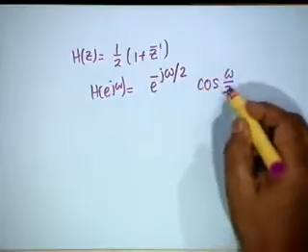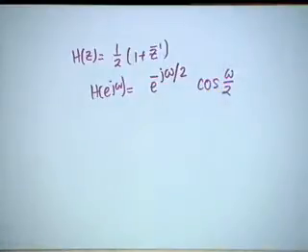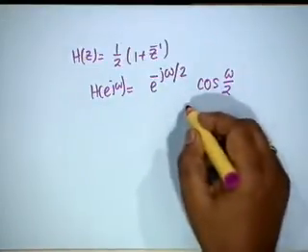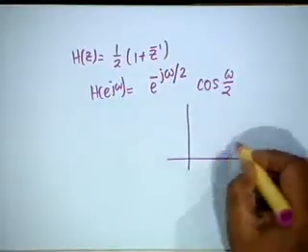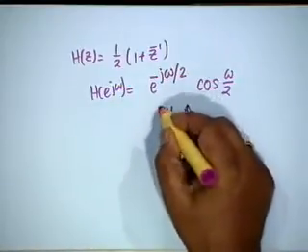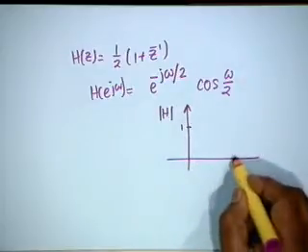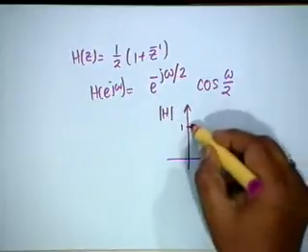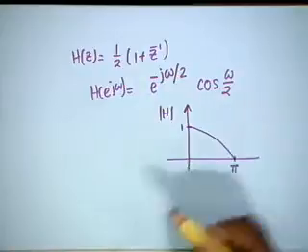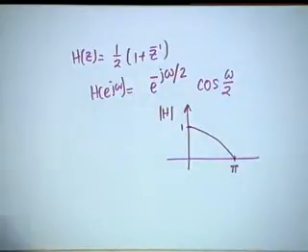Now, cosine of omega by 2 in the range 0 to pi is positive. Agreed? So, if I plot the magnitude, it starts from 1 and at pi it goes to 0. So, the characteristic would be something like this, which is indeed a low pass filter. Okay.